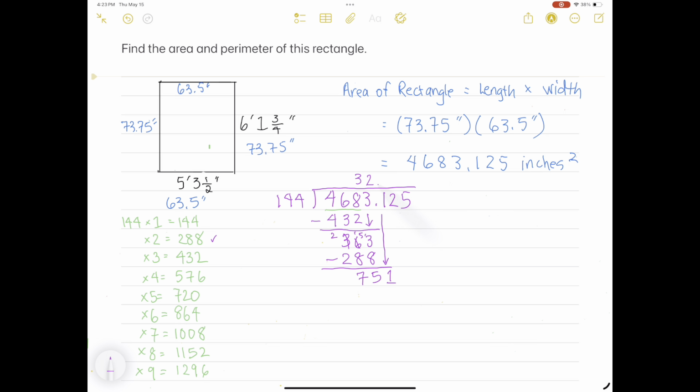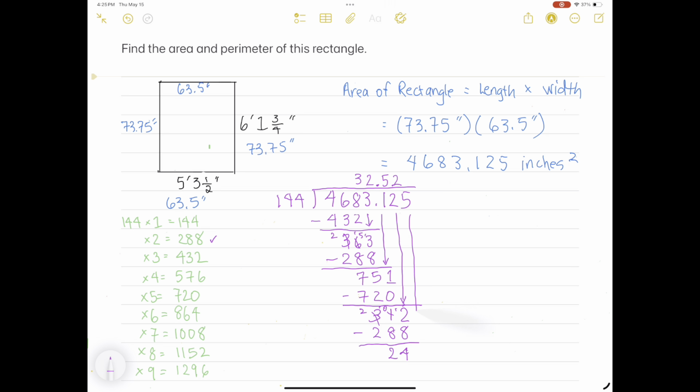I bring down the next digit, 2, and continue the division. 144 goes into 312 two times. I write 2 on the quotient line. 2 times 144 equals 288. I subtract: 312 minus 288 equals 24.